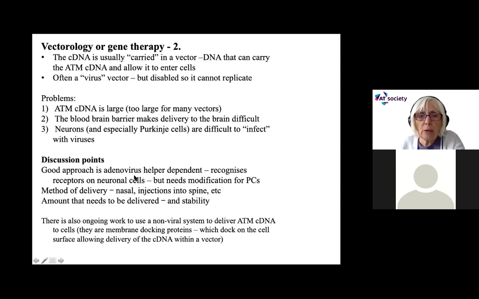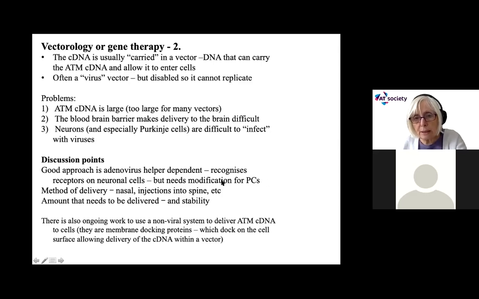But it's called helper dependent in this case, and that's done because it's got specific receptors on it that will recognize the neuronal cells. But the trouble is, it doesn't seem to be recognizing the Purkinje cells well.